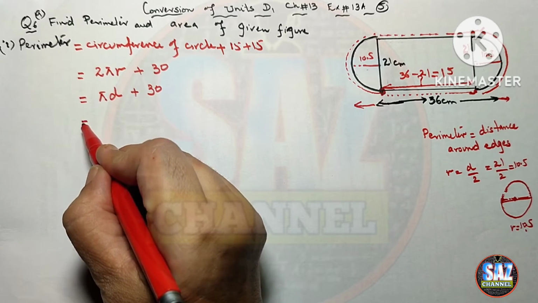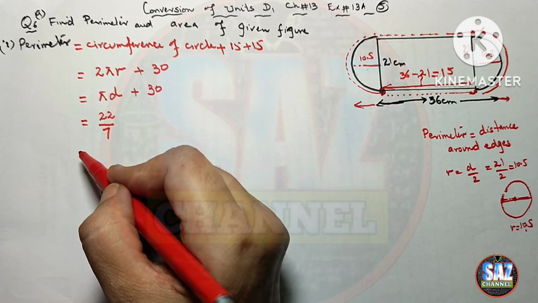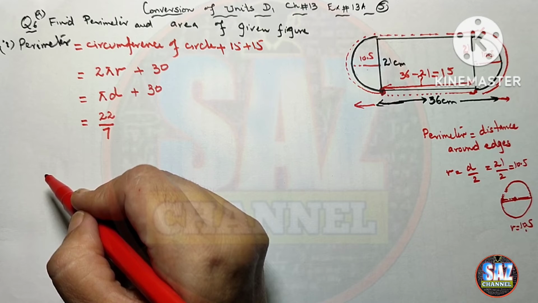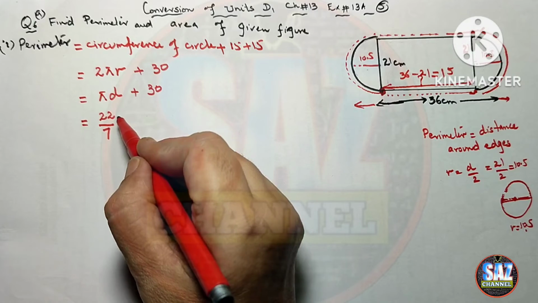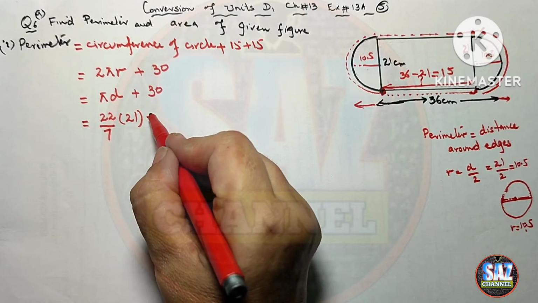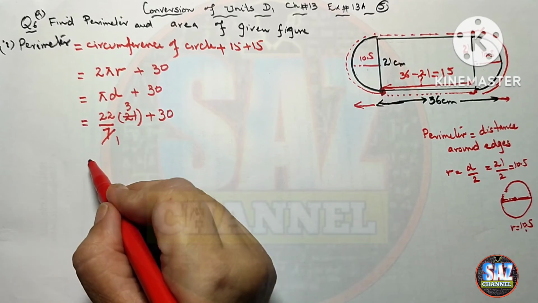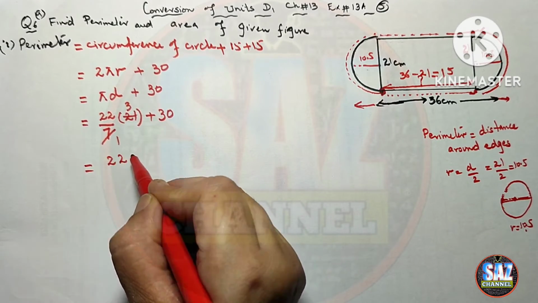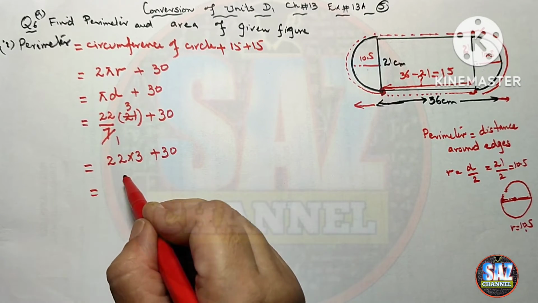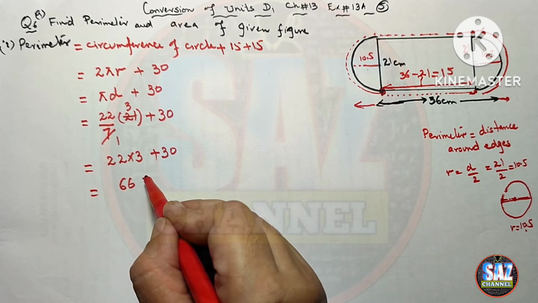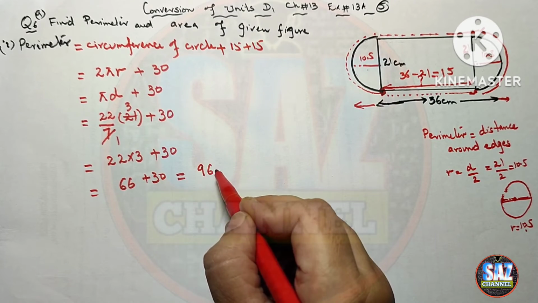So in order to make my calculation easy, and to teach the students how to perform calculations in paper 1, I will take pi as 22 by 7 and the diameter is 21, plus 30. 7 ones are 7 and 7 threes are 21, so it becomes 22 multiplied by 3 plus 30, and this is 66 plus 30, which is equal to 96 centimeters.